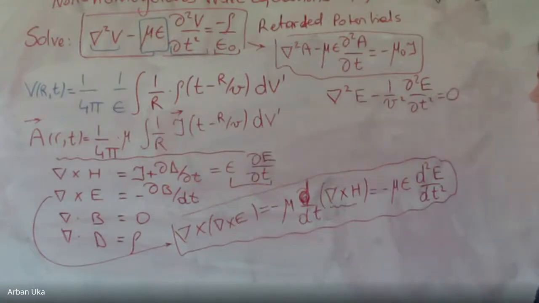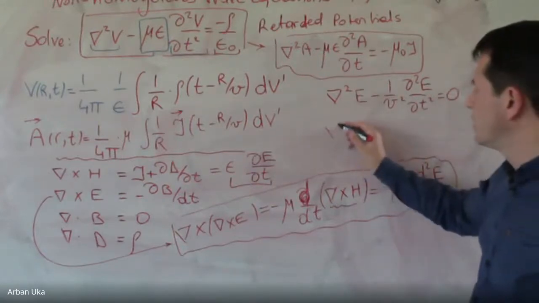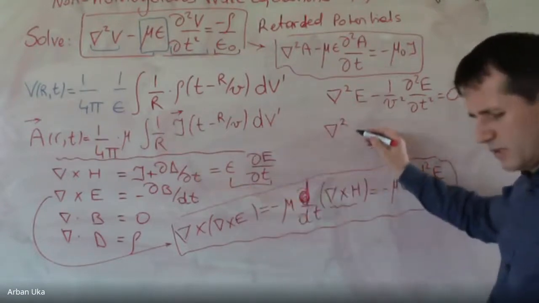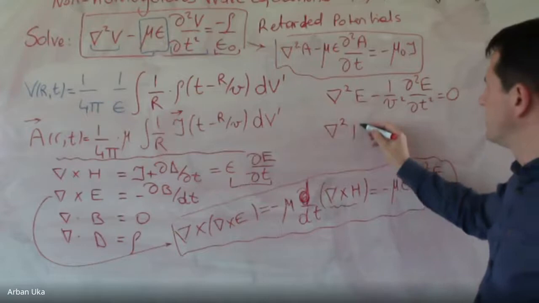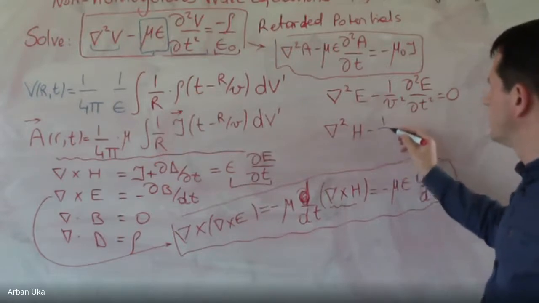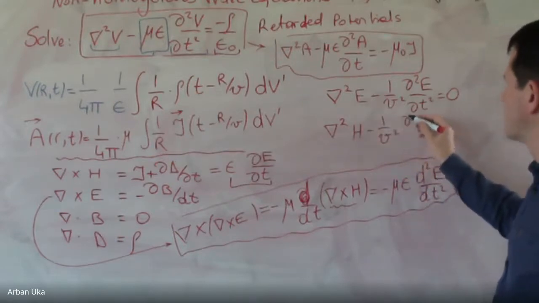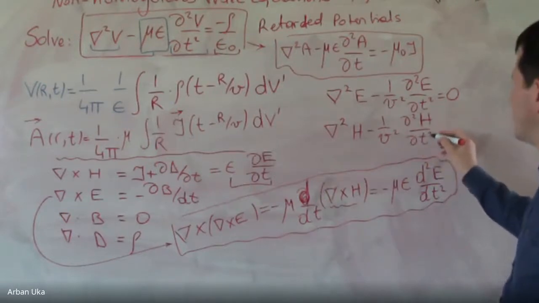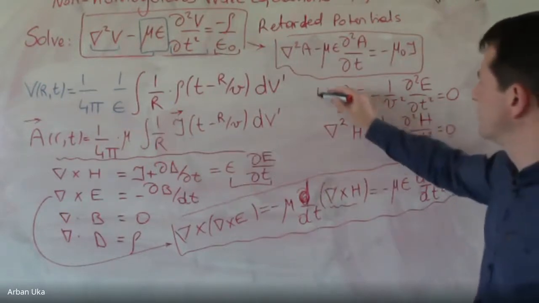This is 0. The same thing we can derive for the magnetic field: the Laplacian of H minus 1 over velocity squared times the second derivative of H with respect to time is 0.